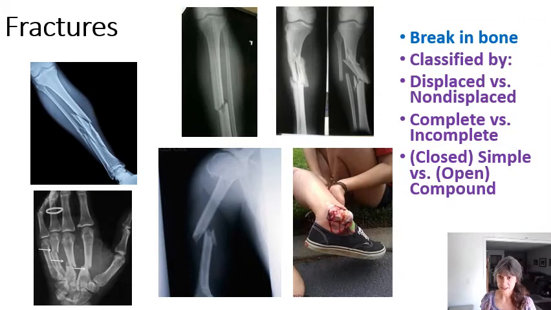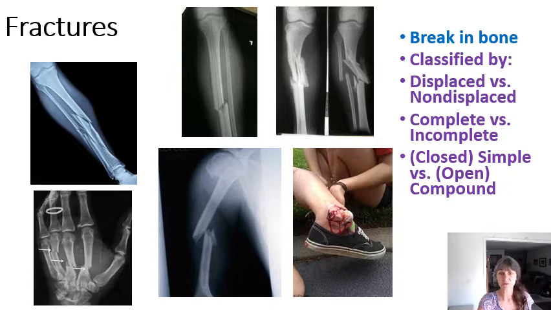When bone breaks or fractures, the fracture may often be classified by different characteristics of that fracture. Oftentimes, doctors will look at whether the bone is fractured and non-displaced or fractured and displaced. You can see a displacement fracture in the middle on the bottom.